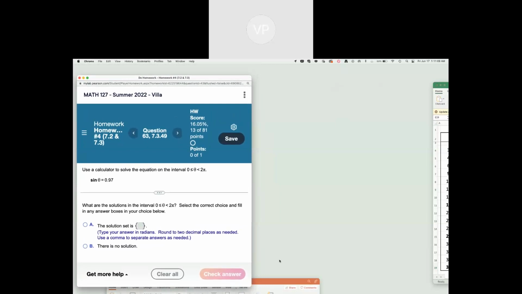Okay, so I want to use a calculator to get the 0.97. Now, I'm going to show you a picture, because the picture is what's very important here. So remember, we're talking about the sine function. And you guys know, well, hopefully you know, sine is positive here and here, it's negative here and here.